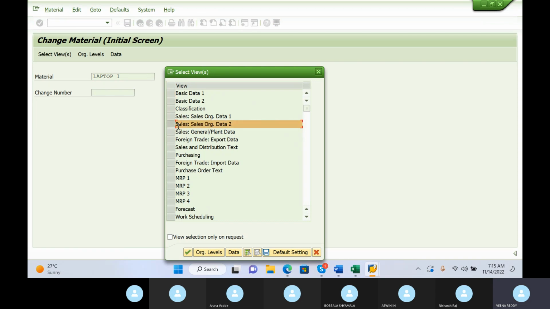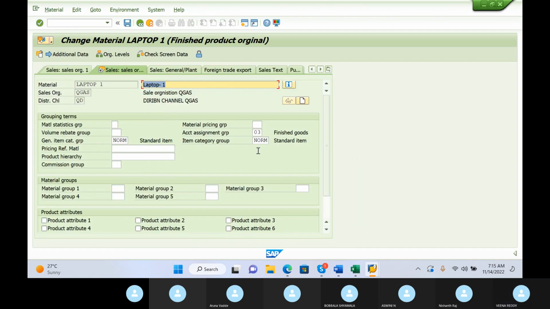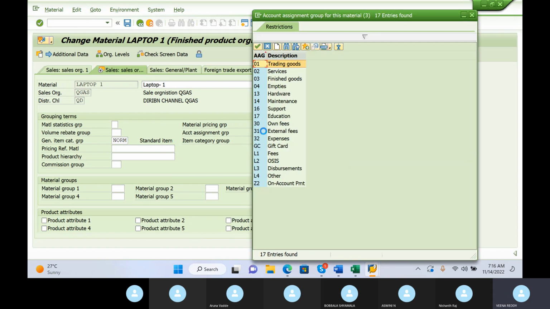Here in material master, in sales organization data 2, we give the account assignment. This is the material master of the finished product laptop. In the sales and distribution tab, we give the account assignment finished goods.